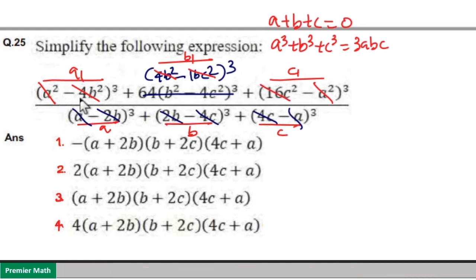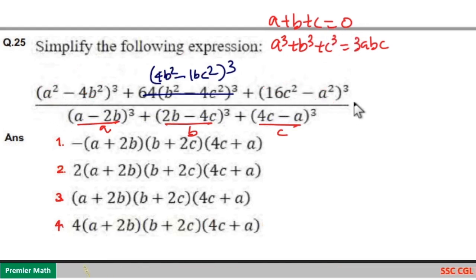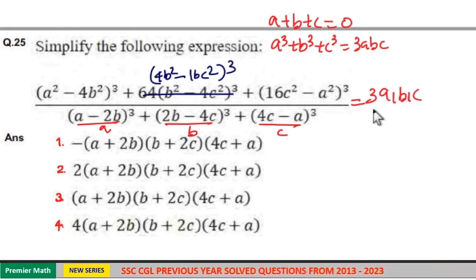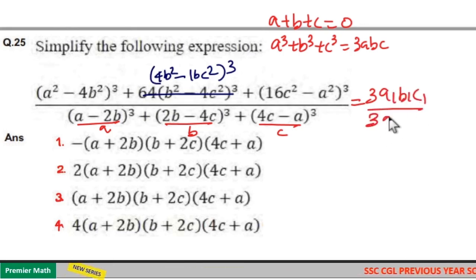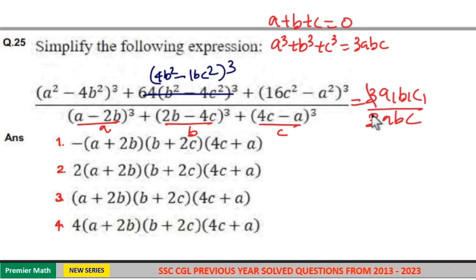In this case also, a plus b plus c is equal to 0. So the numerator and denominator will become 3 into a1 b1 c1 divided by 3abc. That is, 3 and 3 cancel. Now numerator and denominator will be in the form of abc.